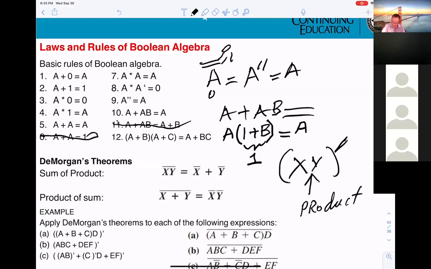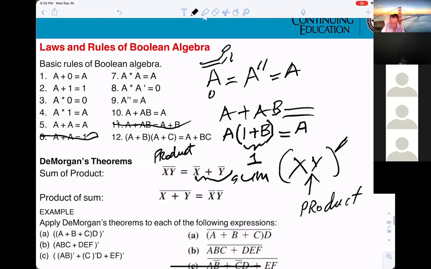They will be equal to not X or not Y. That will be the sum. They are converting from the product to the sum.